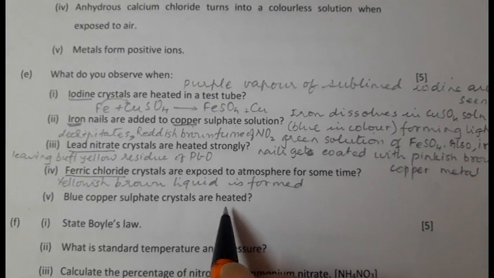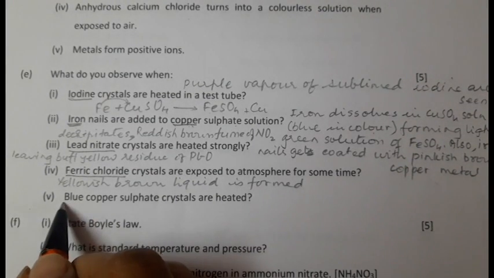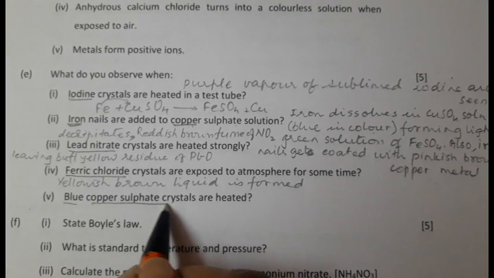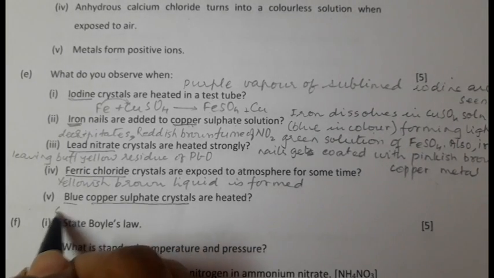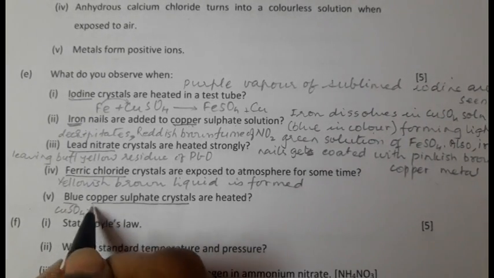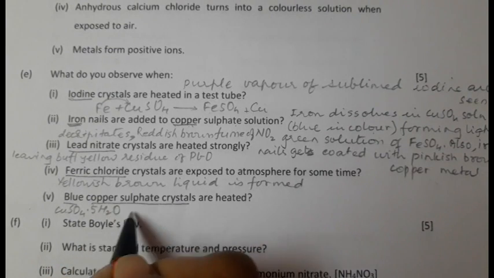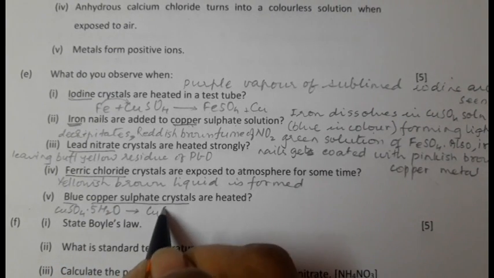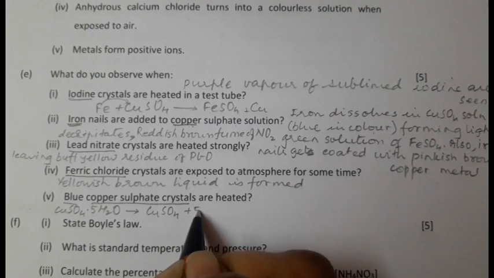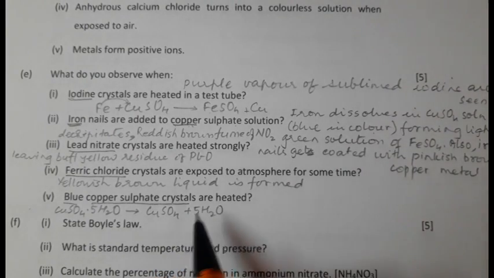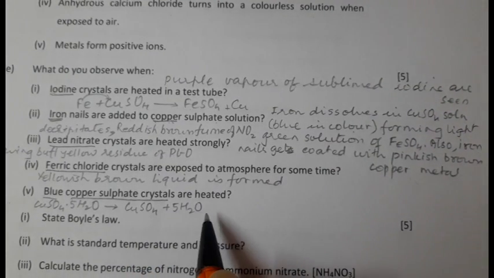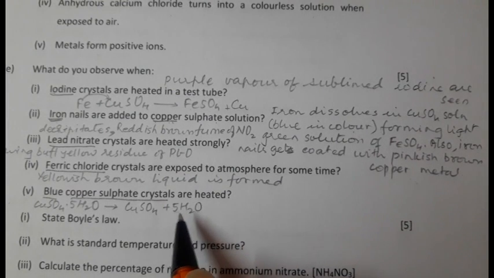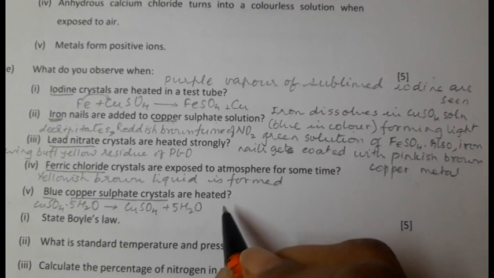Blue copper sulfate crystals are heated. Now it is CuSO4.5H2O and is going to become CuSO4 plus 5H2O, which means the water of crystallization will be evaporated, gone, leaving anhydrous copper sulfate, the color of which is white.